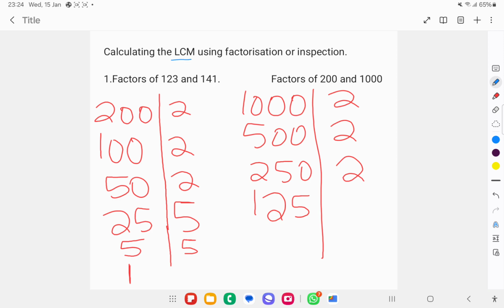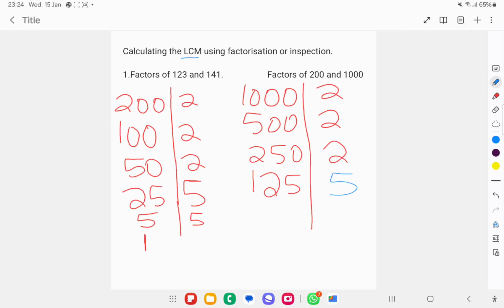But now what is the lowest prime factor that can divide into 125? Of course it can't be 2, because here we have an odd number. It can't be 3, can't go in, but it has to be 5. So 5 into 125 will give us 25.